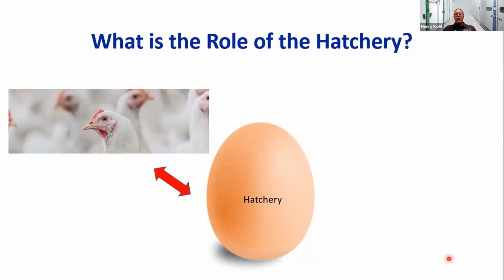They also usually do egg pack inspections to make sure we're getting good, clean hatching eggs coming into the hatchery. We don't have a lot of dirty eggs, we don't have a lot of blood on the eggs, we don't have a lot of cracks or upside down eggs. So that is important information for the hatchery to relay to the breeder department.